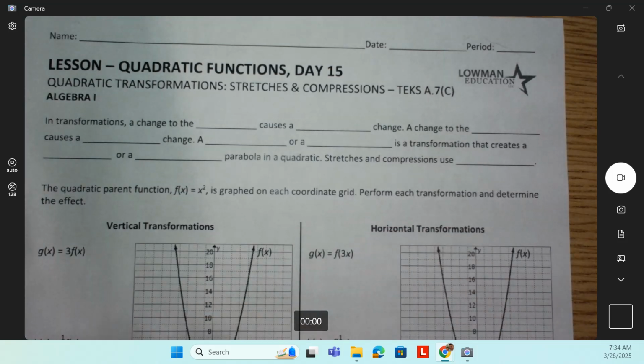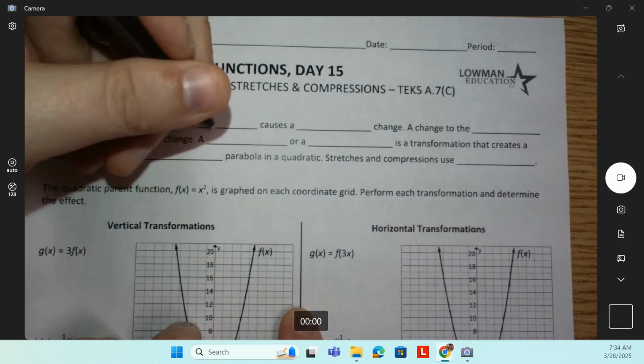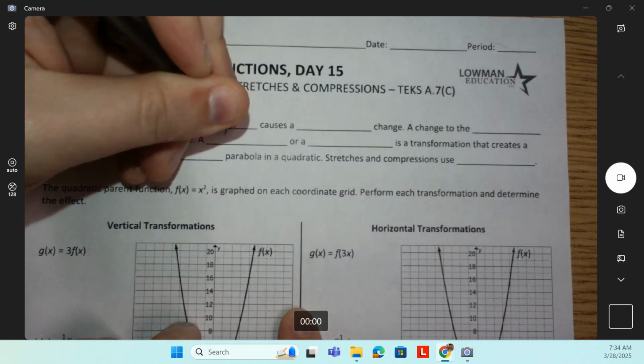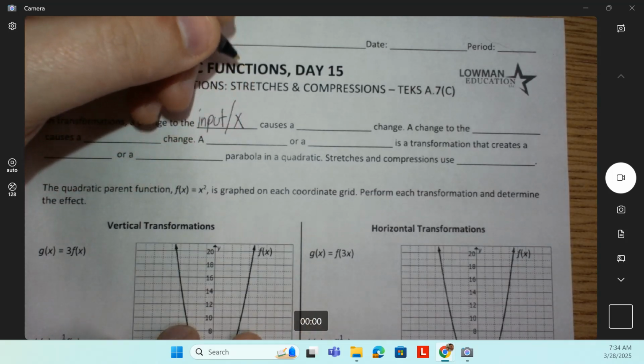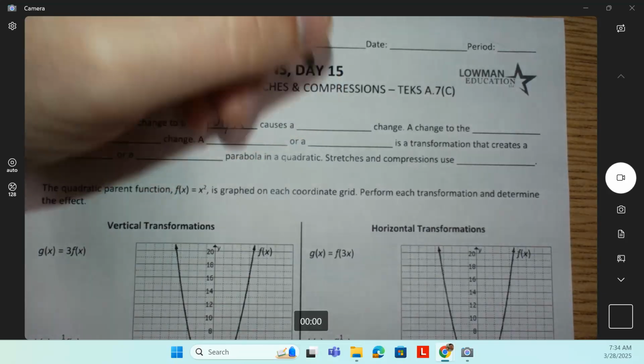Looking today at stretches and compressions, so different types of transformations. When we look at it, if we change the input, or the x, it's going to cause a horizontal change, same as when we move the vertex left or right.